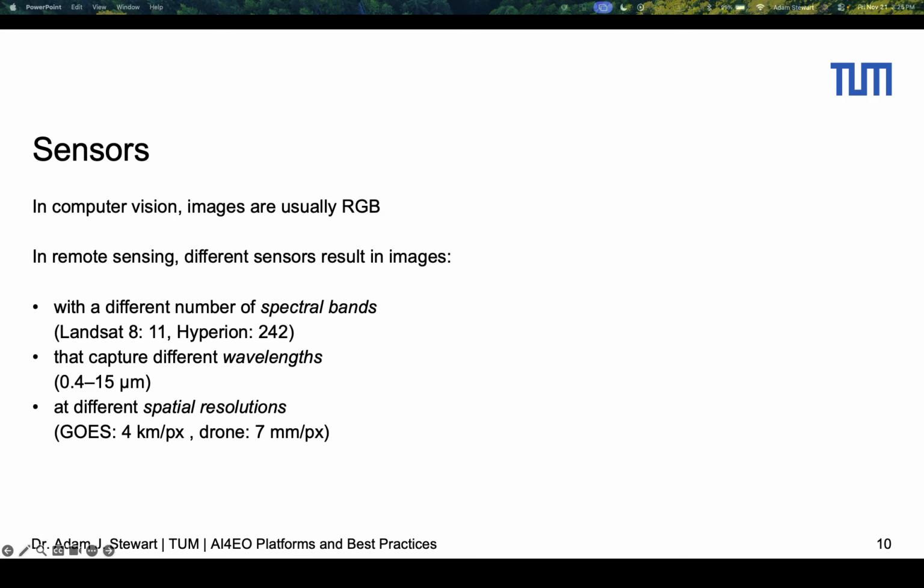Again, we saw this before: depending on your satellite and how much of the Earth's surface you are capturing, you have very different spatial resolutions as a result. There are a lot of geostationary weather satellites like GOES that have maybe 2 kilometers to 4 kilometers per pixel. So they're relatively zoomed out, but they can see a very large portion of the Earth.